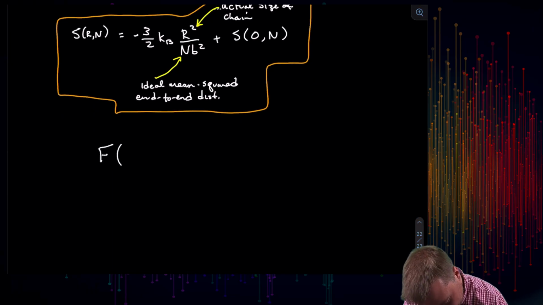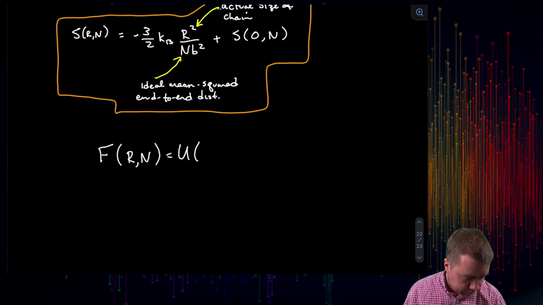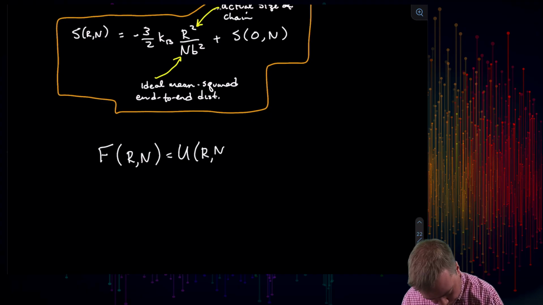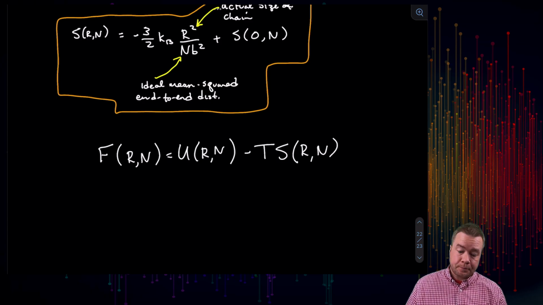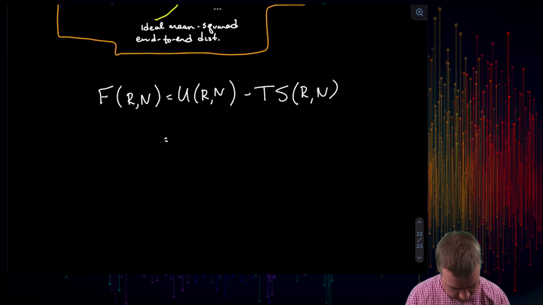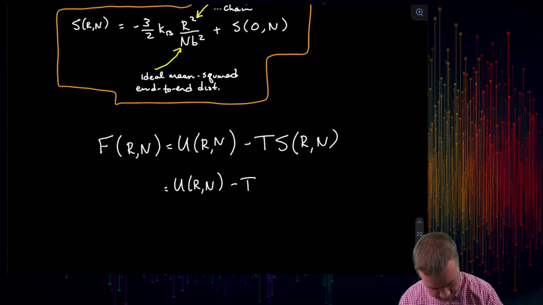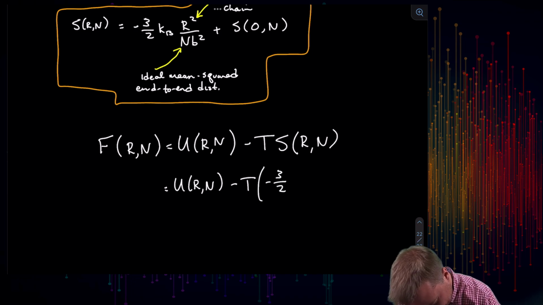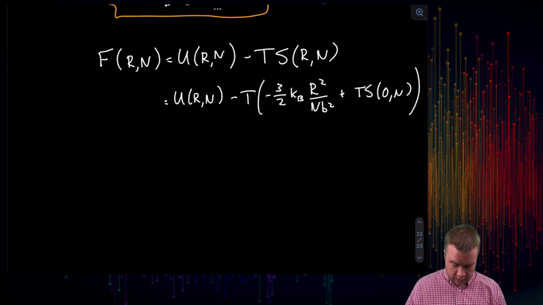So the free energy of our polymer chain that has a size R and N is going to be U of R and N minus T S of R and N. So we've got U of R and N minus T times minus 3/2 KB R squared over N B squared plus TS of 0 and N. Okay, that looks all right.